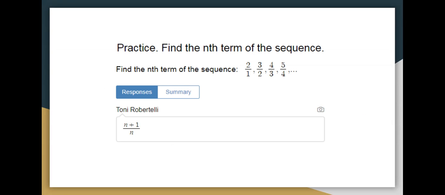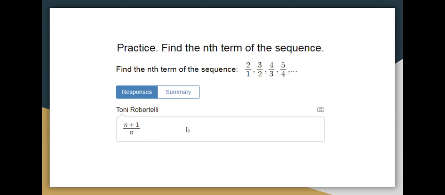All right, we have some fractions. Again, just dragging them over. And in this case, how do I get the rule of n plus 1 over n? If I look at it, I have 2 over 1, 3 over 2, 4 over 3, 5 over 4. Each of my numerators is increasing by 1. 2 plus 1 is 3. 3 plus 1 is 4. 4 plus 1 is 5. So that's my n plus 1.